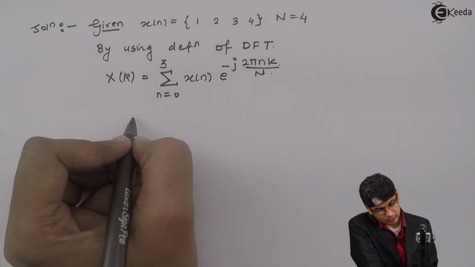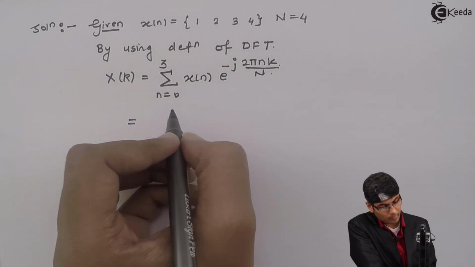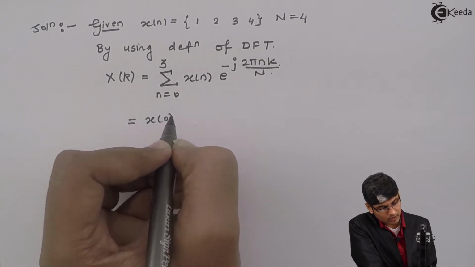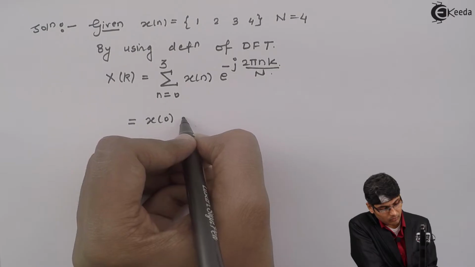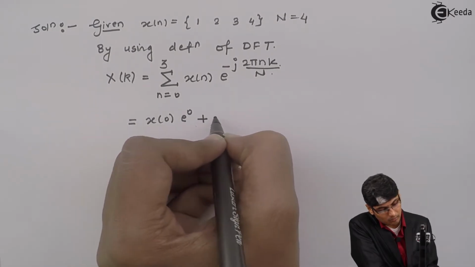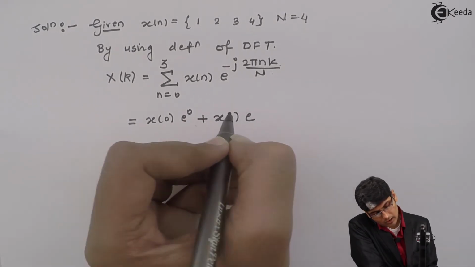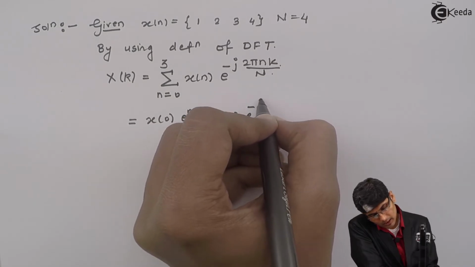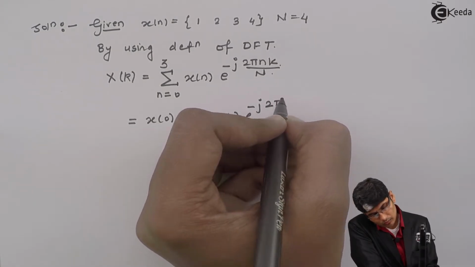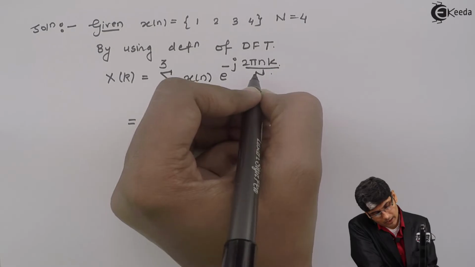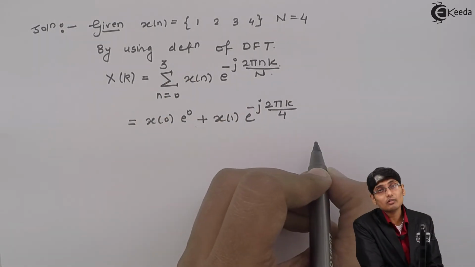Okay. So let us put the values of n. So I will get x of 0, if I put 0 over here, I am going to get e raised to 0, plus x of 1 e raised to minus j 2 pi k by 4, right.